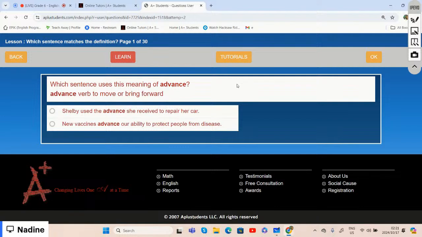Which one is correct? So we need to either choose option one or option two.